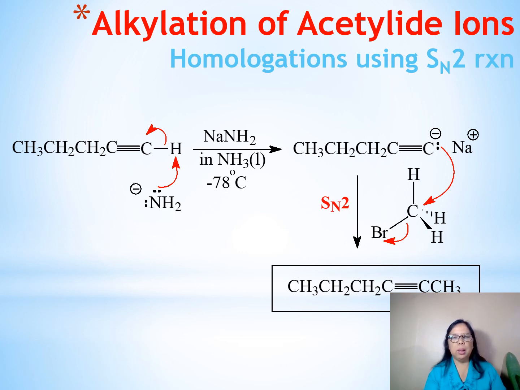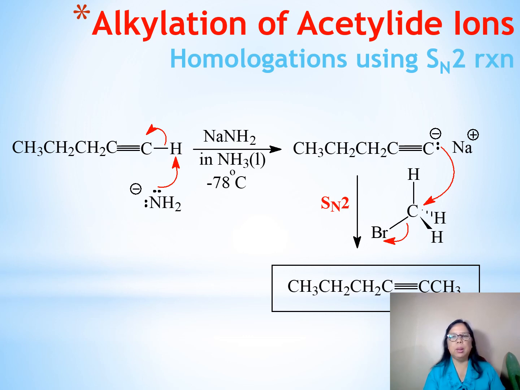Ultimately, the triple bond went to the second carbon, producing another CH3 here as an added carbon. So you have 1, 2, 3, 4, 5, 6. Originally, 1, 2, 3, 4, 5. So upon working with NH2, the number of carbons is still the same.